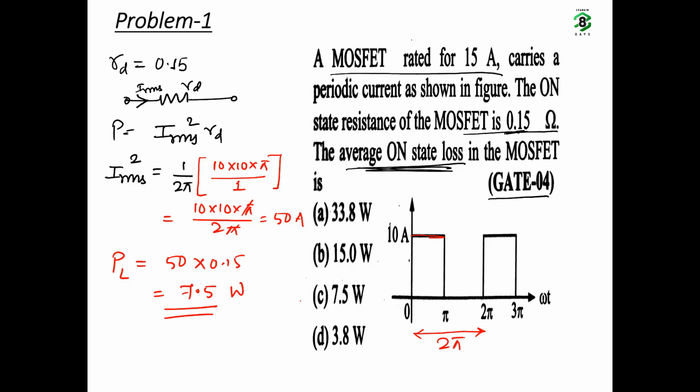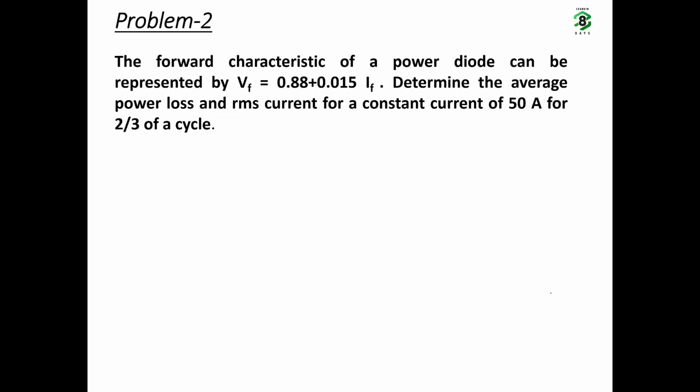So option C is the correct option. This is the question asked in GATE 2004. The only concept we need to know is how we model a switch. If we know how to model a switch, we can easily solve this type of question. Okay, next question. This is problem number 2.